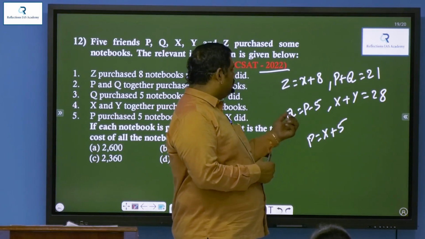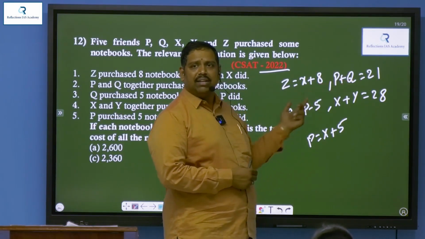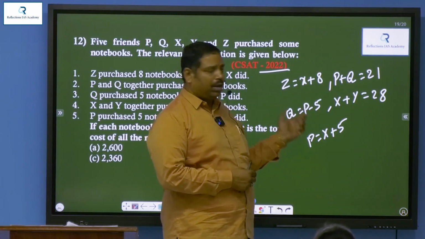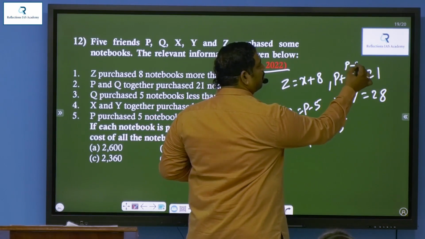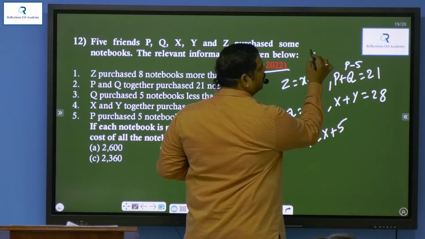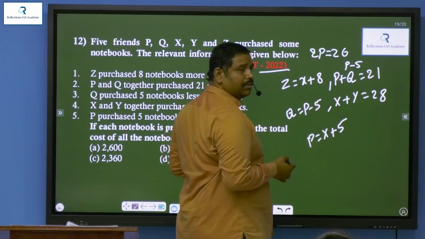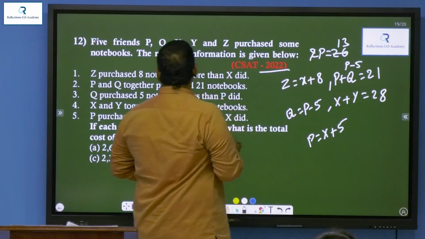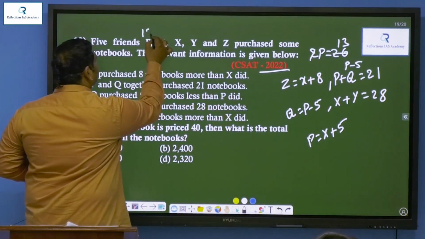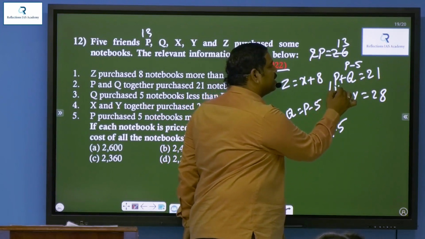So P and Q, I'll get the values of P and Q, right or wrong? Okay. So write Q is equal to P minus 5. Okay. P plus P, 2P. Move the minus 5 this side. 26. Right. What's the value of P? 13. Okay. So P got 13 books. P and Q together 21. In that P got 13. Means Q should get how much?